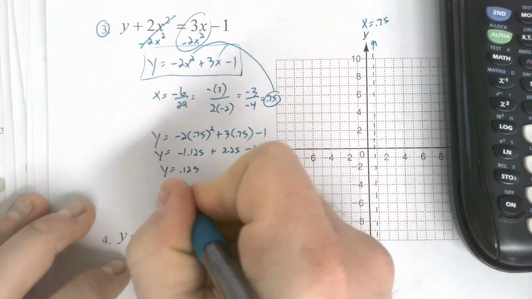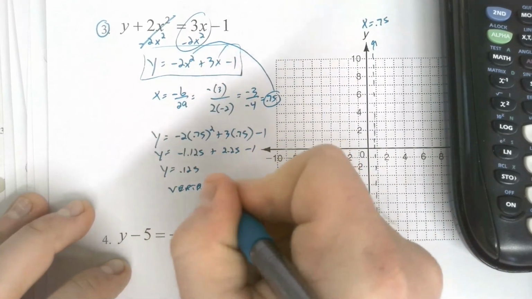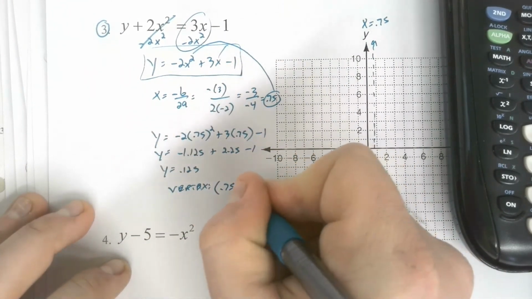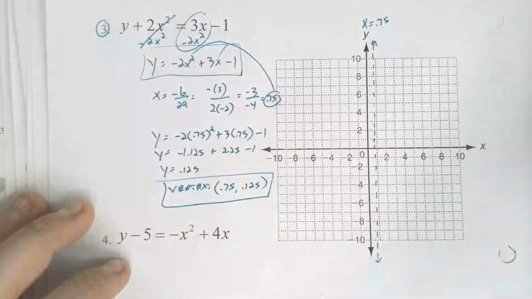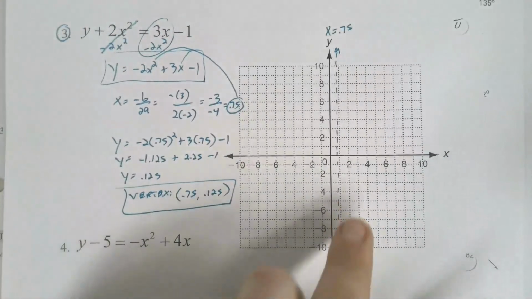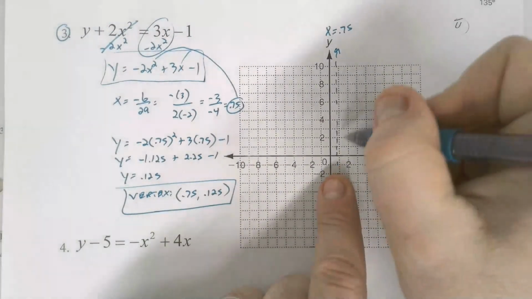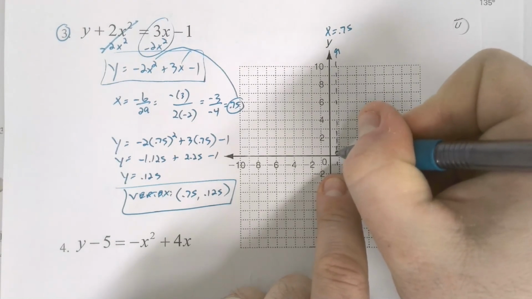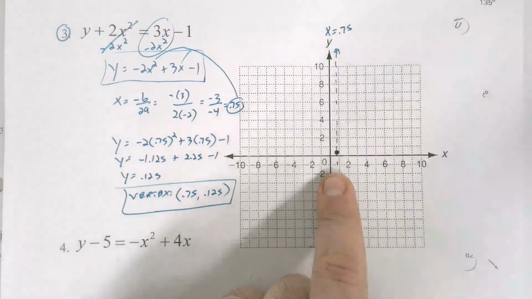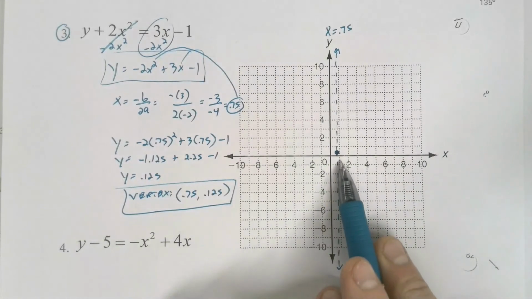So the actual vertex is 0.75, up 0.125. So you can get the actual value. So we're going to put a dot at that vertex. 0.75, 0.125 is really close to the x-axis. So it's going to be right above that. So that's where our turning point is.